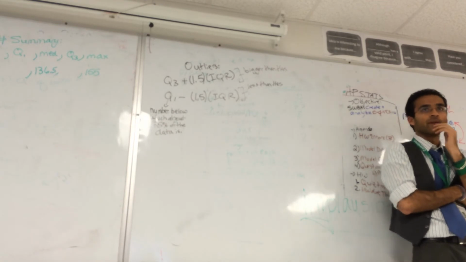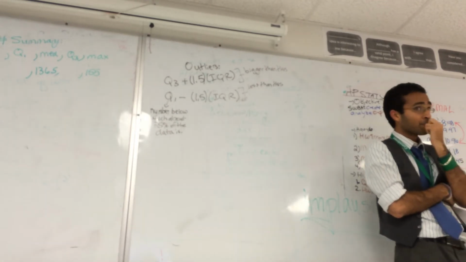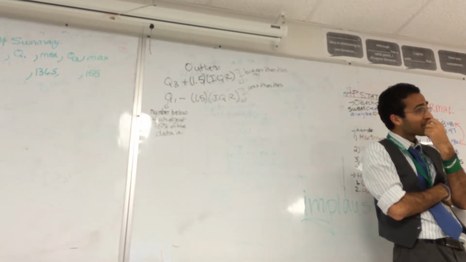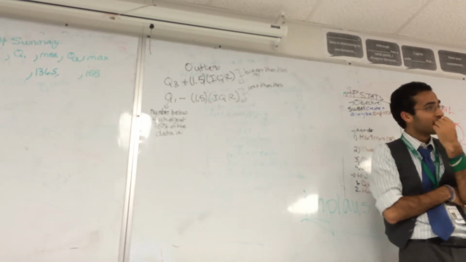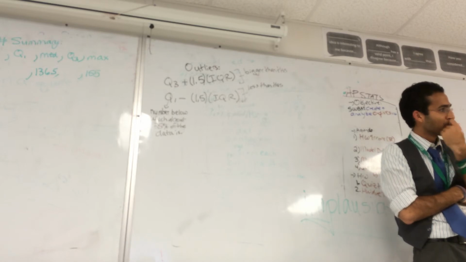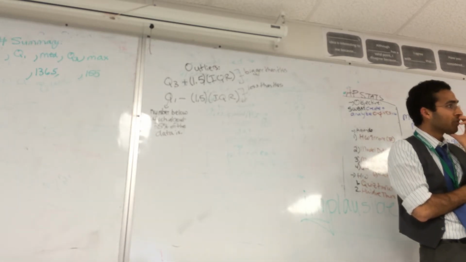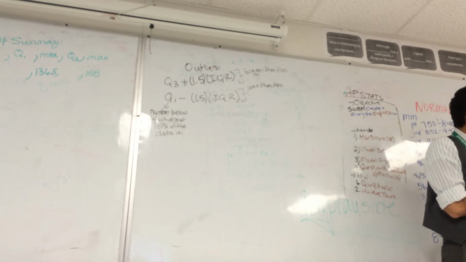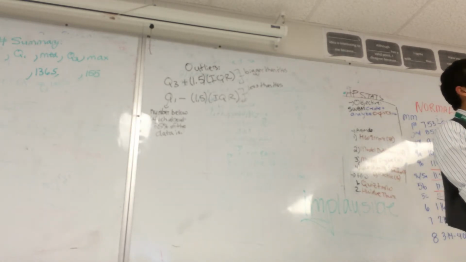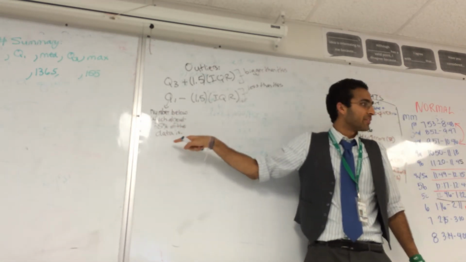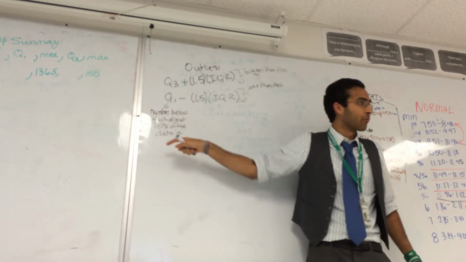What does first quartile mean? Norma, what does first quartile mean? So it is the number below which about 25% of the data is, i.e. the definition I wrote right here.